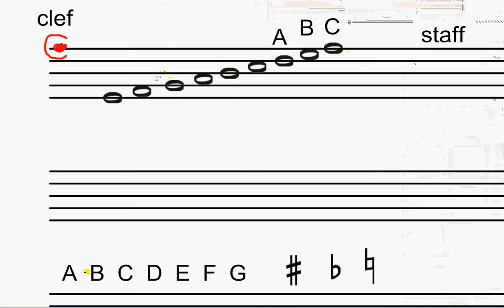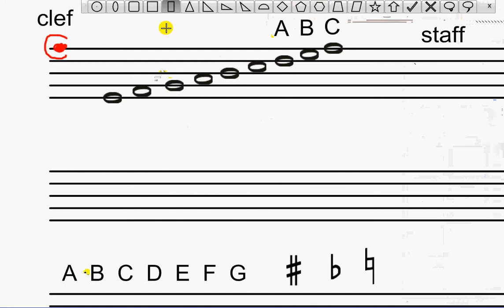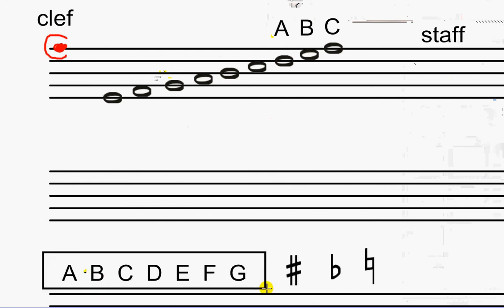Now the question becomes, what comes before A? Well, in our musical alphabet, which is down here, our musical alphabet only has 7 letters in it. When you get to the end of one side or the other, it's like Pac-Man, you just come out the other side. So since we started at C, went to B, A, we go through the tunnel and come out over here, we're now at G. And we'd continue to F, E, D, C, B, and A. And the same is true for going the other way.